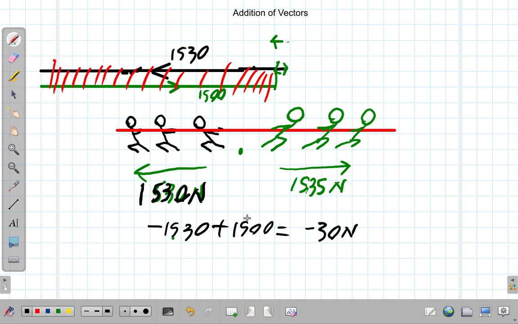So what you will get now is negative 1530 plus 1535, and you're left over with a positive 5 newtons acting to the right. So the 1530 and the 1530 will cancel each other, but there will be 5 newtons left over. And then the green team pulling to the right will win this competition.